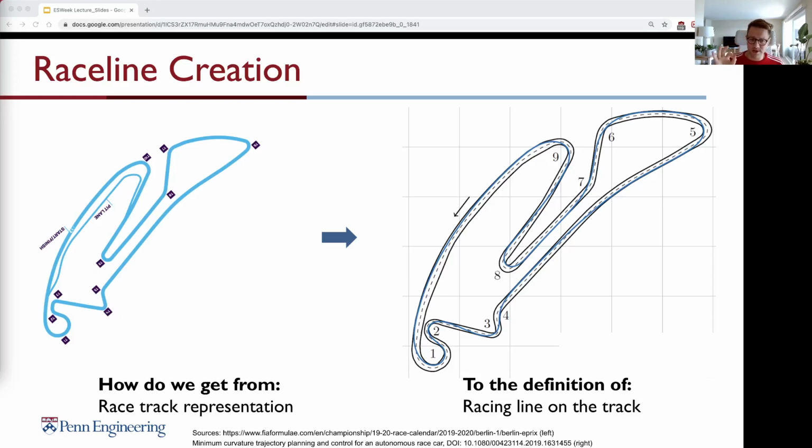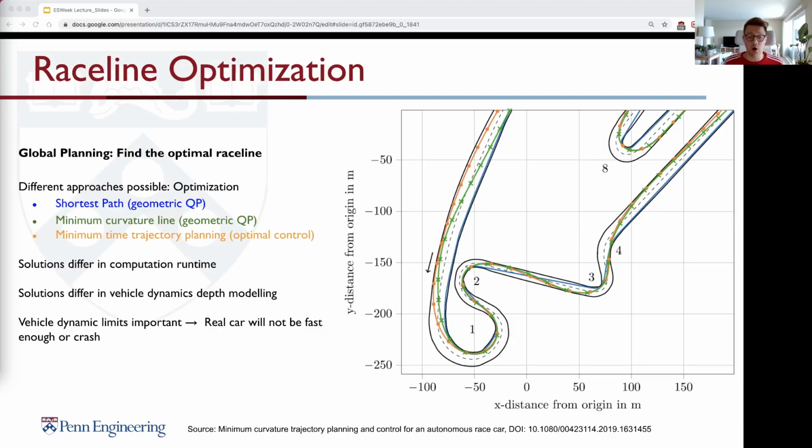There's not one single particular algorithm that is used, but there are many possibilities you can choose from to derive this race line. In this lecture, we are focusing on the so-called optimization problem. We know, or we worked with different algorithms.